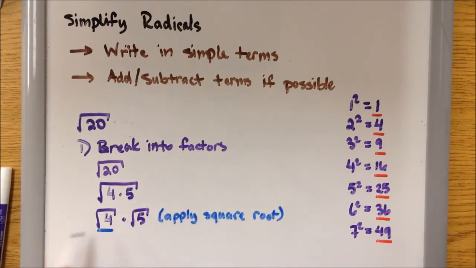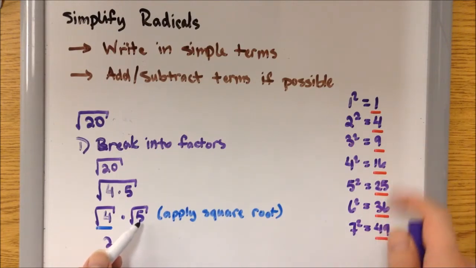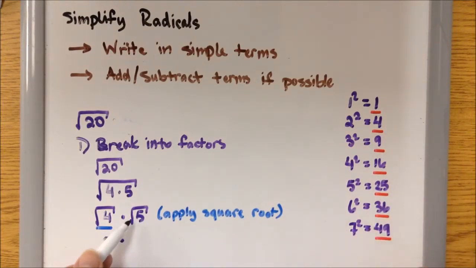In this case, this one right here. So we have a perfect square number. We can apply the square root. So the square root of 4 is 2. Bring down the multiplication sign. I can't simplify the square root of 5 because I cannot break it down into factors where one of them is a perfect square number besides 1, and the square root of 5 is not a perfect square number, so I'm just going to bring it down.